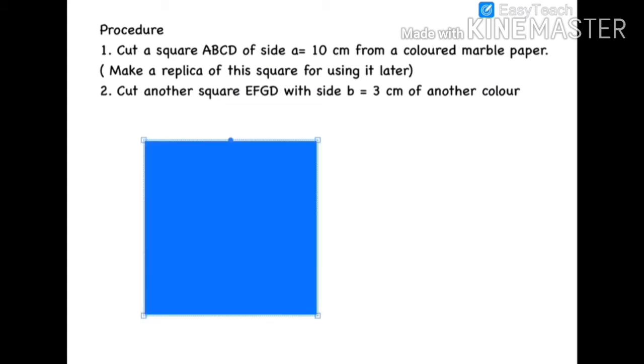Let's perform the activity. We have to cut a square of side A, that is 10 centimeters, using a colored marble paper. So this is a square of side 10 centimeters.